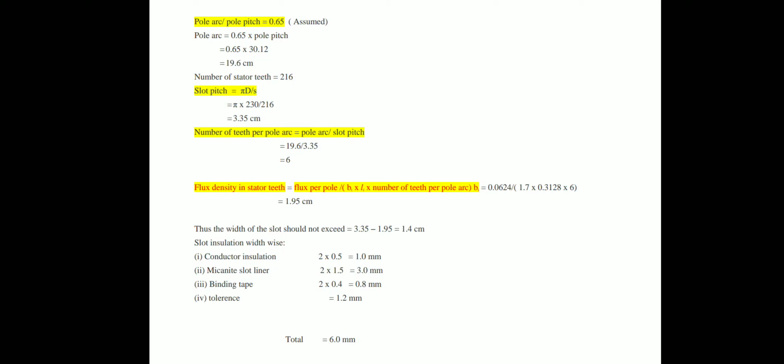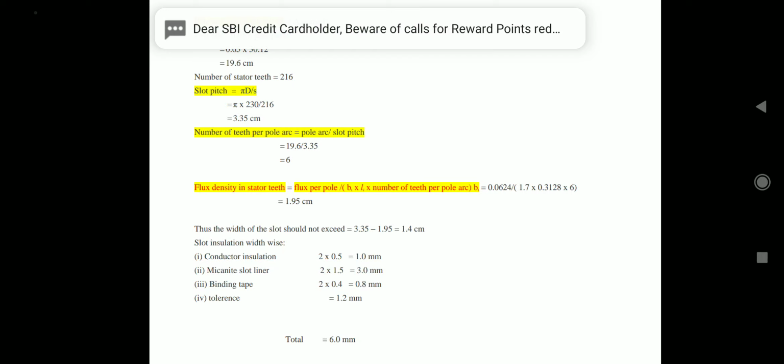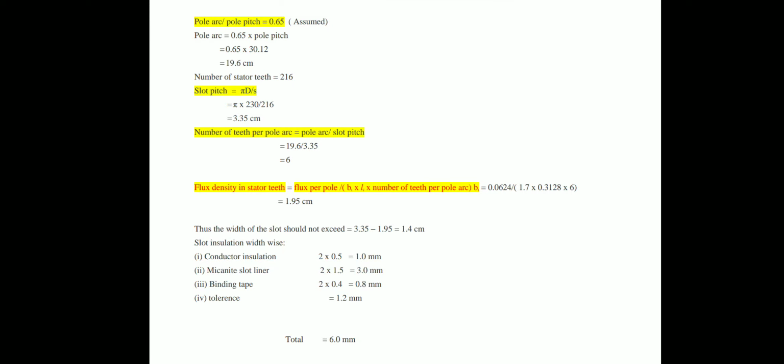Slot insulation width wise. Thus the results are: conductor insulation 1 mm, Micanite slot liner 3 mm, binding tape 0.8 mm, tolerance 1.2 mm, and total is 6 mm.